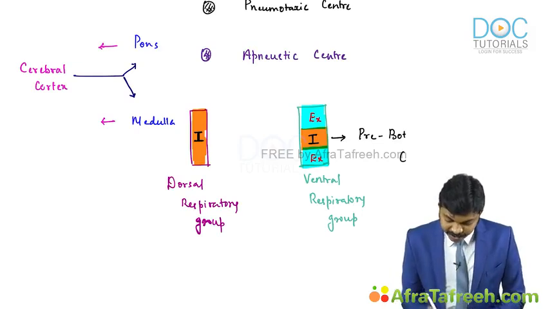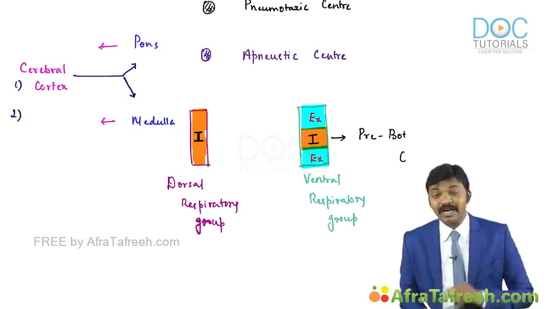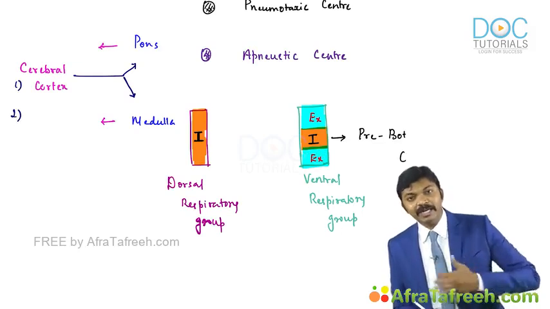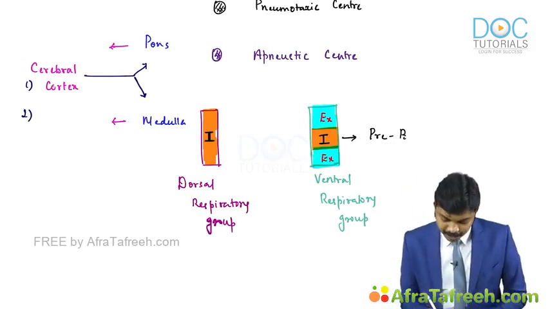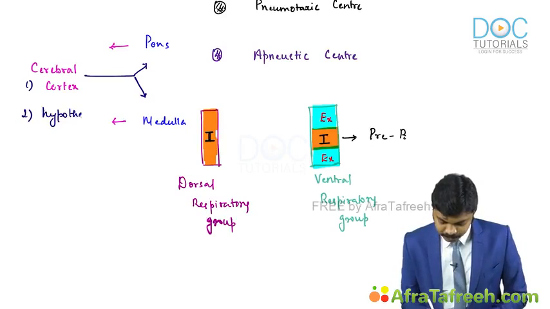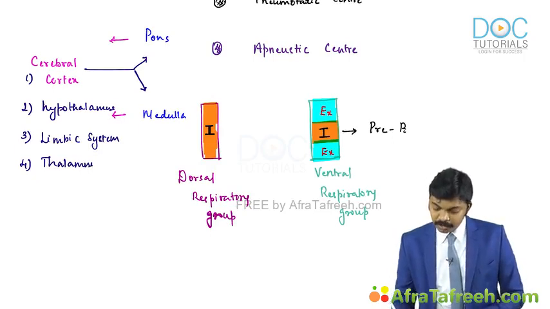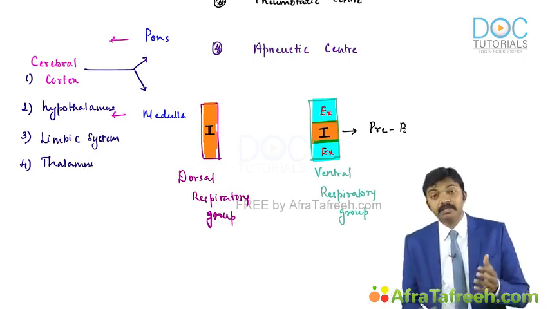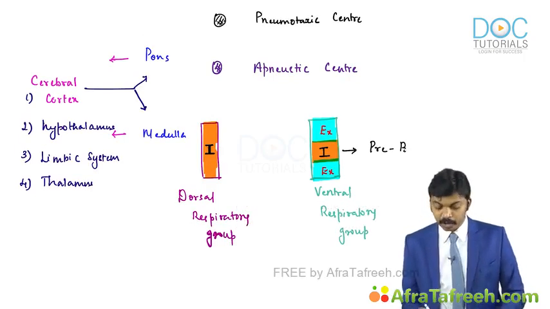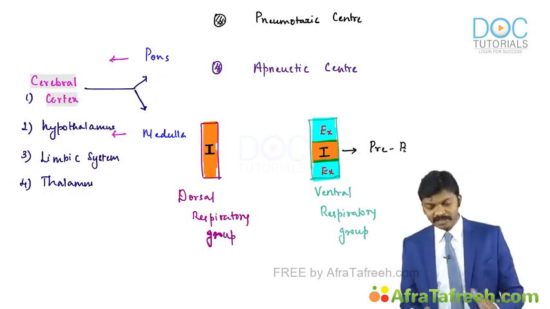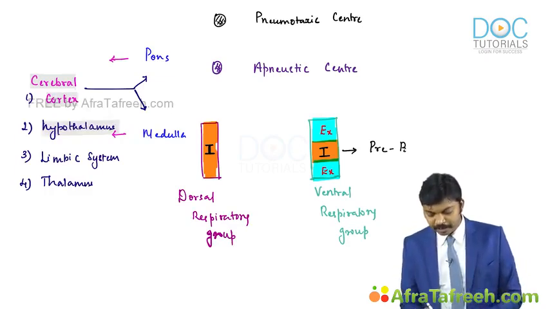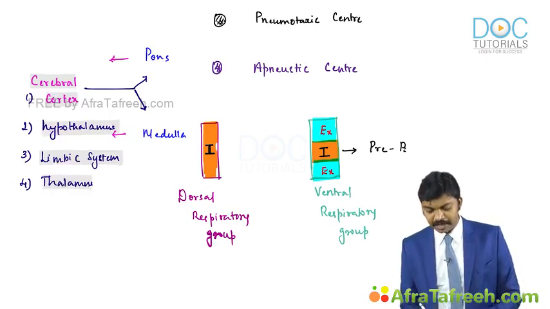Now, when it comes to the efferents, doctors, along with the cerebral cortex, we do have other regions contributing efferent connections to the respiratory center, and they are the hypothalamus, limbic system, and efferents also come from the thalamus, right? So, the primary efferents going to respiratory controlling neurons come from the cerebral cortex, motor cortex, sensory cortex, and we have efferents coming from the hypothalamus, limbic system as well as from the thalamus, doctors.